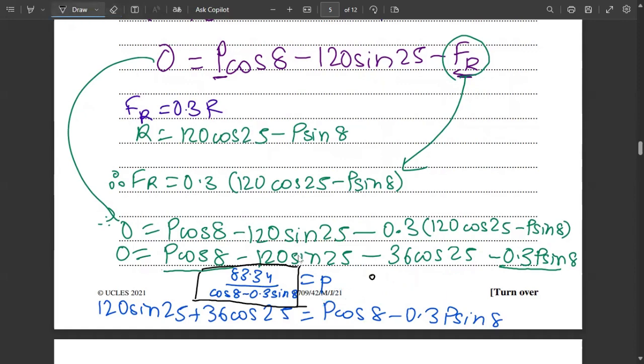So if I put this in the calculator, 83.34 upon cos 8 minus 0.3 sin 8, the value of P is... Okay, so the maximum value of P possible is 87.9 Newton.